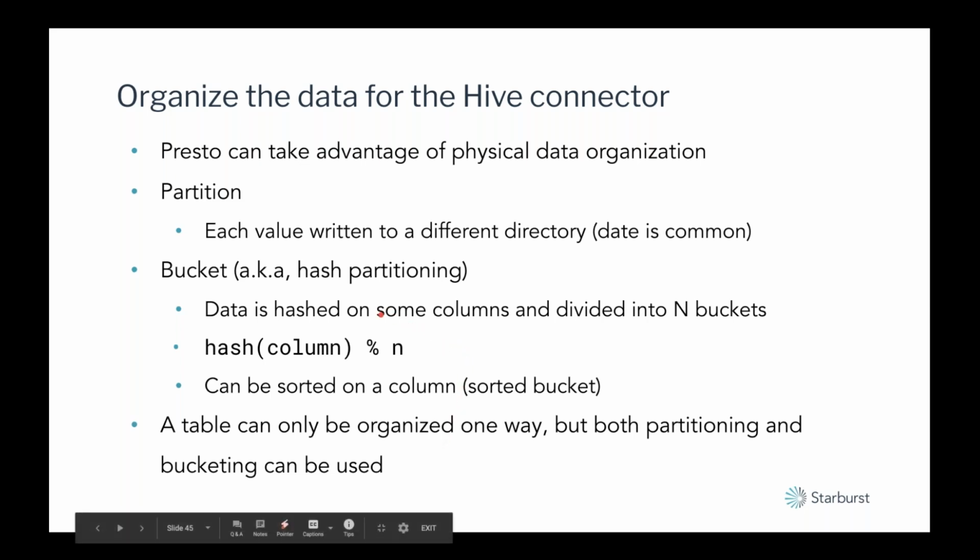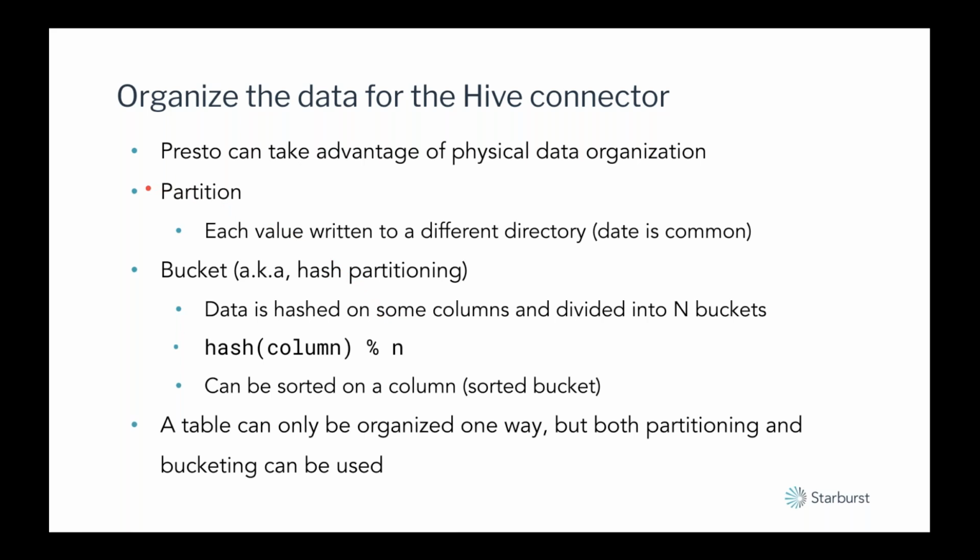What Hive calls partitioning, and I should be really careful about that because Hive has very specific terms that the rest of the database community doesn't really follow. So Hive has this very unique partitioning strategy where basically, let's just back up. Hive writes everything to files in your object store, your HDFS or S3 or GCP or Azure's thing.